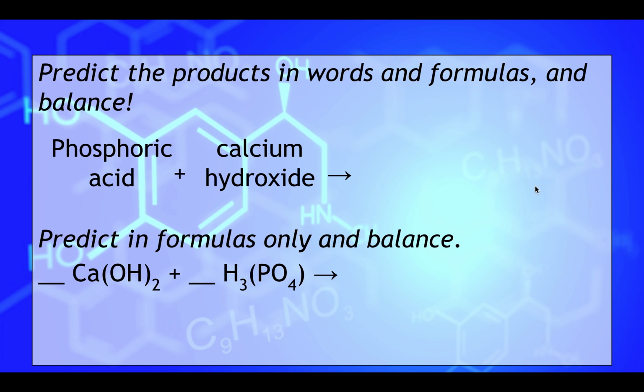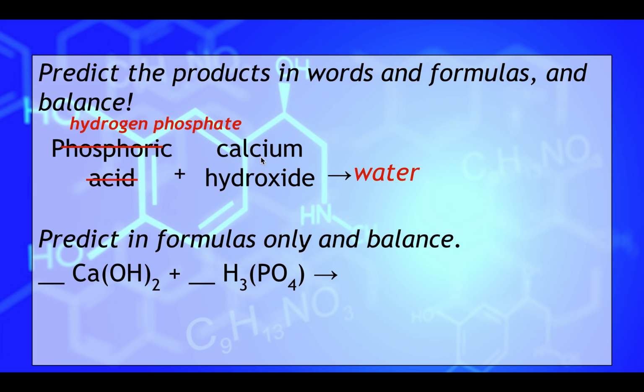Let's predict the products in words and formulas and then balance this reaction. So we have phosphoric acid plus calcium hydroxide. We can rearrange this and change this to hydrogen phosphate. We know it's going to be phosphate because we have ic on the ending, and we know hydrogen is going to be the cation.